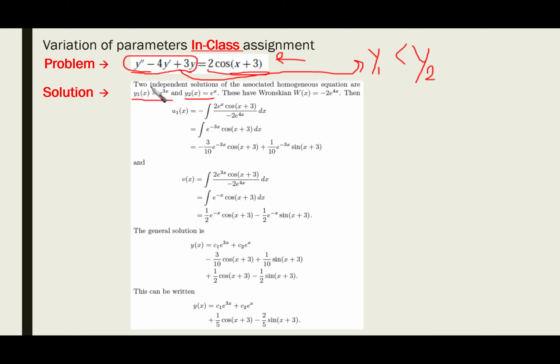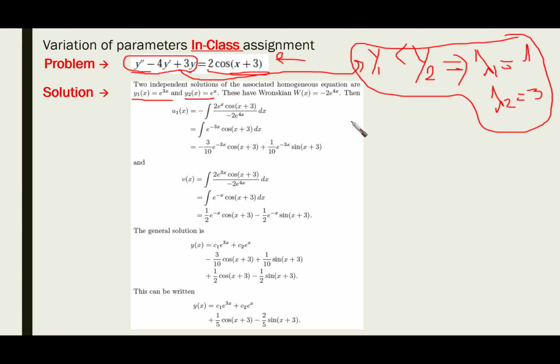It seems that we are having real distinct roots for this associated homogeneous equation, and the characteristic equation would have the roots lambda 1 equal to 1, and lambda 2 equal to 3. So this is the solution of the associated homogeneous equation. I hope that you have solved it as we said. So y1 is e to 3x and y2 is e to x.